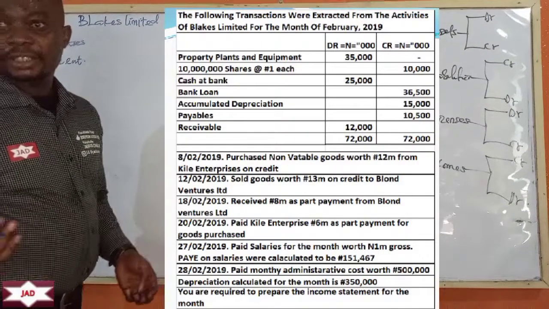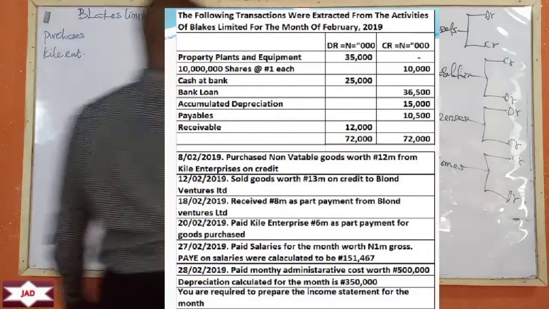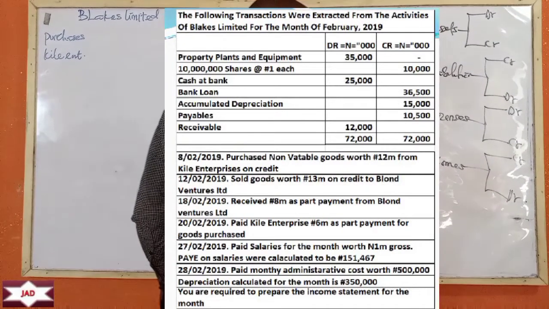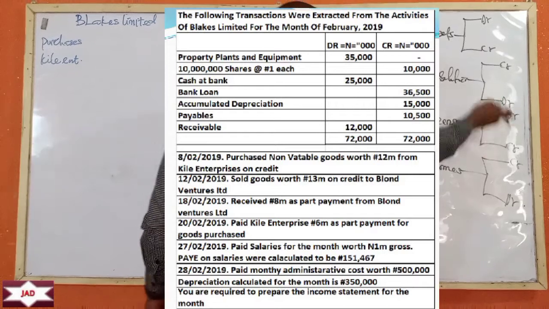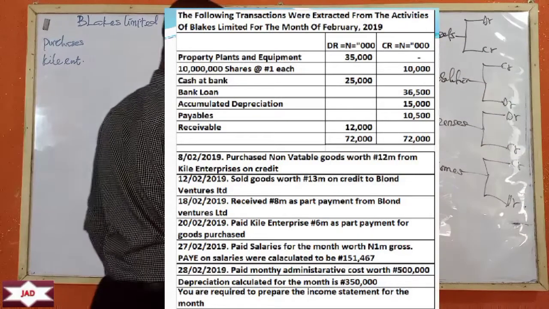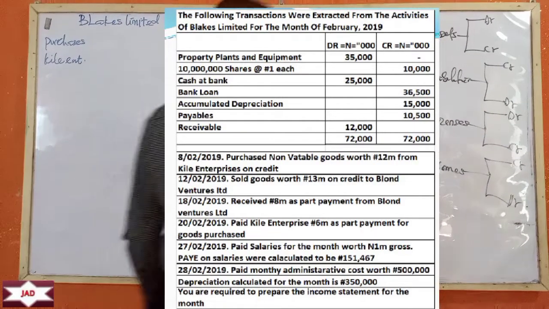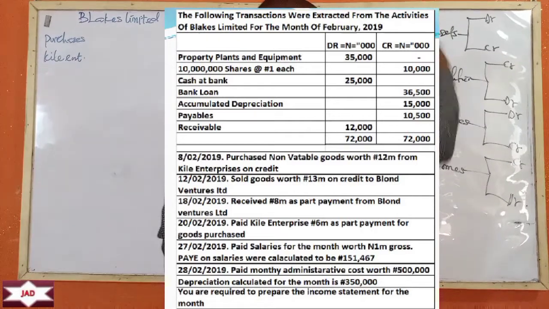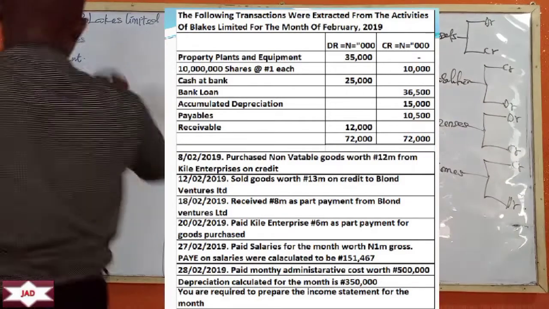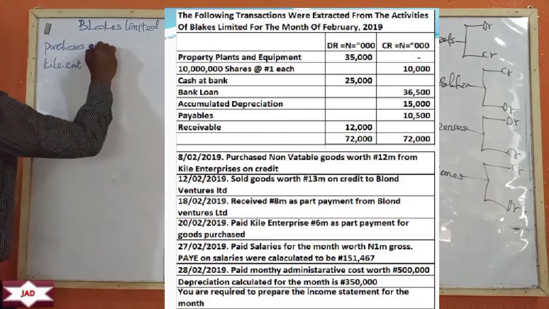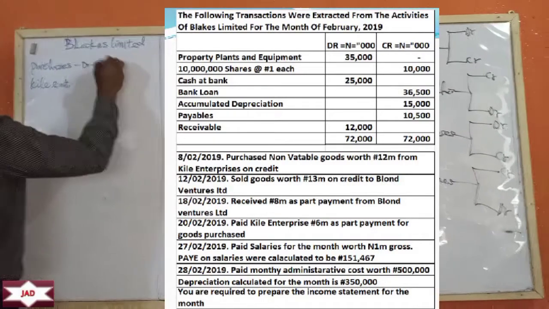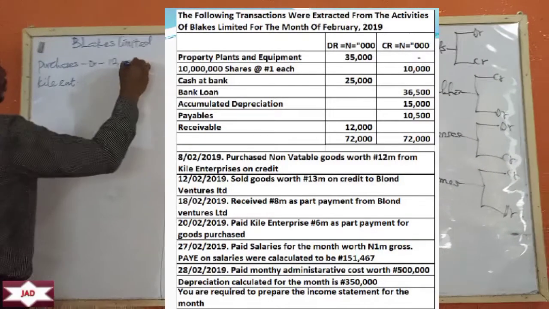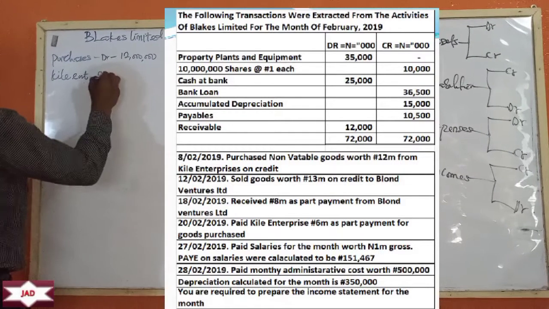What do you think? Purchases fall under expense. So if we're spending 12 million, there will be an increase. If we didn't spend, then there will be zero. Now if we're spending, it has increased from 0 to 12 million. So you debit the expense here. So we debit purchases with 12 million, right? Kyle Enterprise will be credited with what?